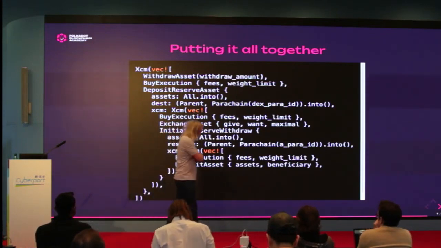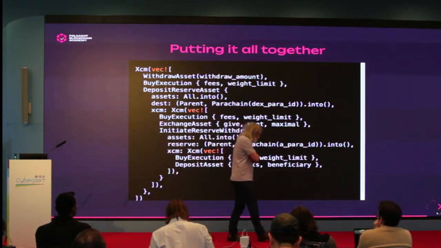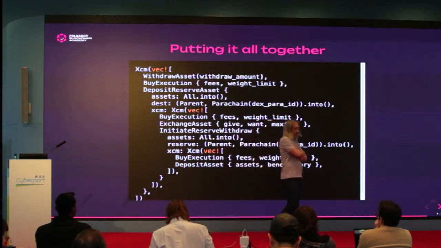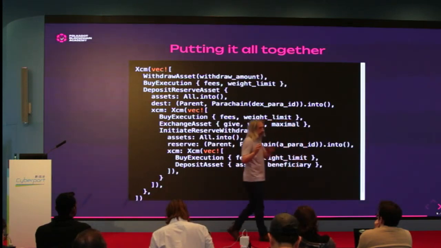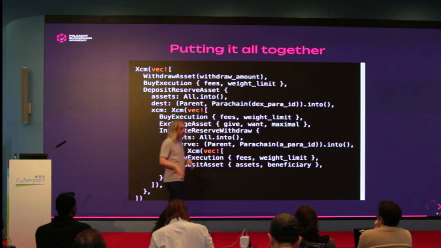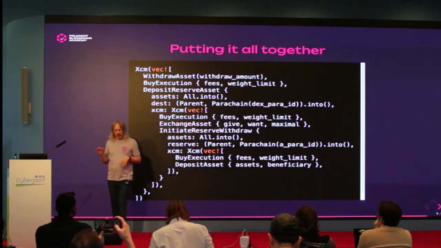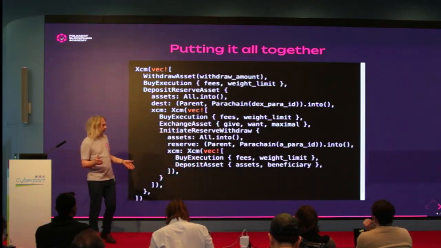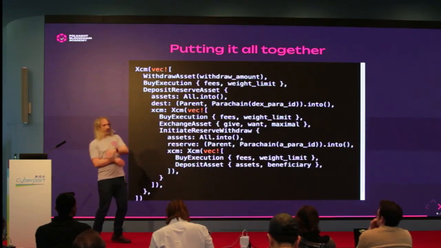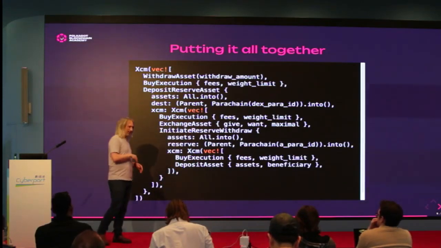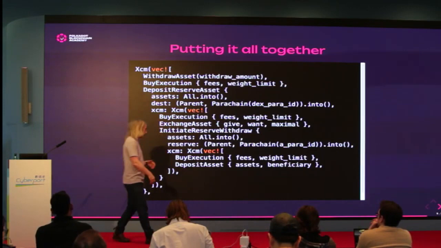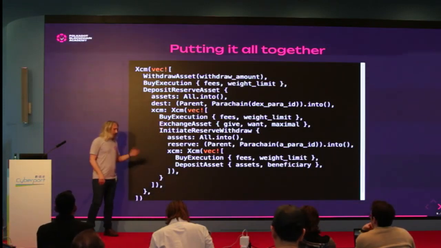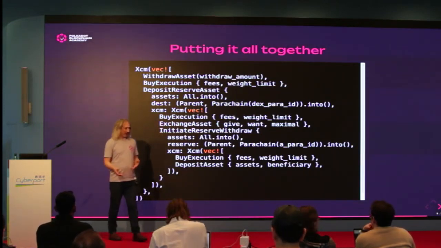The appendix mechanism is just a low-level part of the XCVM. If there is anything in the appendix, it will run if there is an error. Now, the way that we protect this is to say, what happens if buy execution fails? Then it just goes to the appendix and we can do whatever we want in there, and then it's a DOS attack again. Well, for that to happen, there has to be something in the appendix.